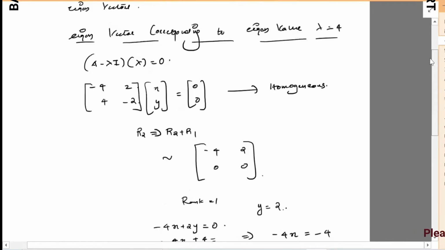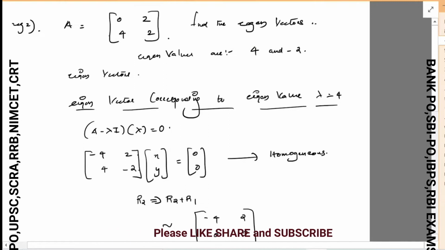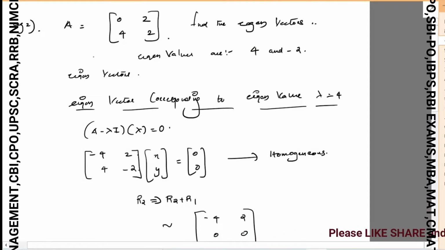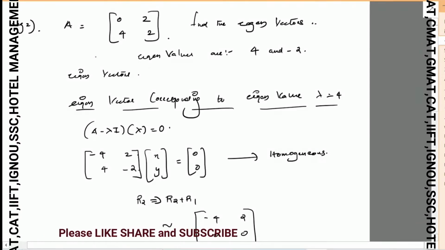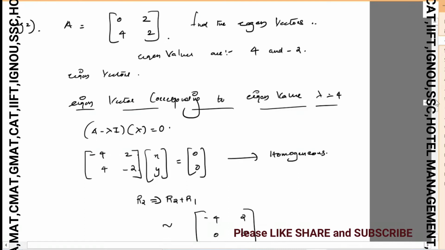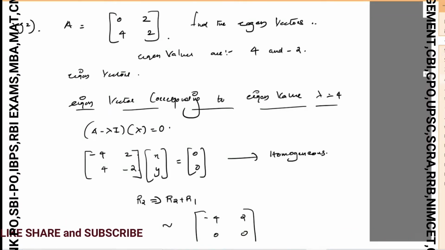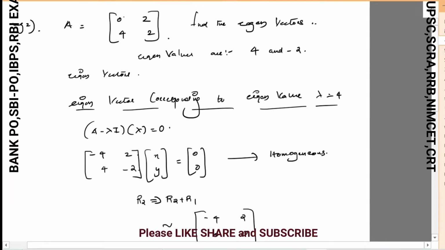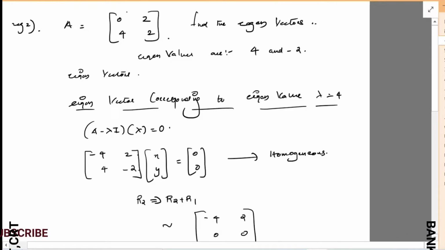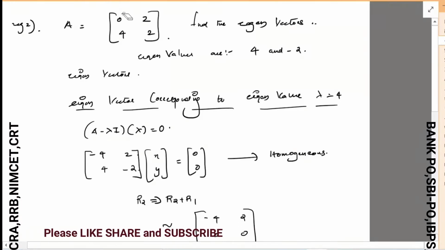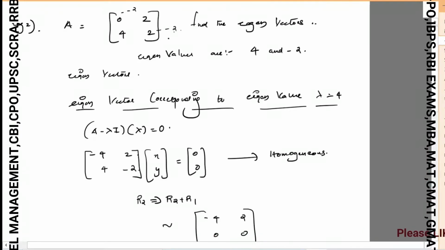So we have to subtract minus 2 from the diagonal entries of A. So what is A minus lambda I when lambda equal to minus 2? Subtract minus 2 from the diagonal entries. So 0 minus minus 2 and 2 minus minus 2.